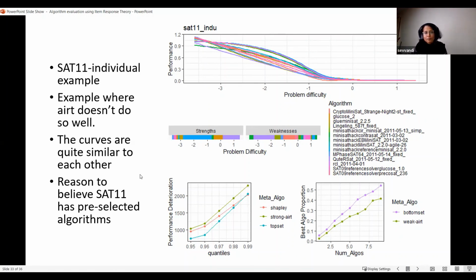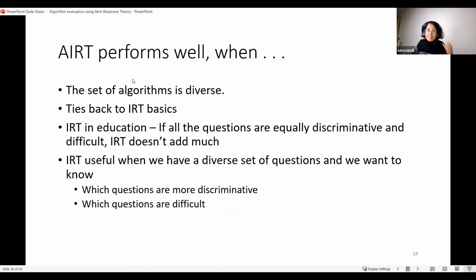So I think this is a case where, when you've already pre-selected, IRT can't add a lot. IRT generally performs well when you've got a diverse set of algorithms, because in a way it ties back to the basics. In education, if all the questions were really good and discriminative and difficult in similar ways, you don't really need IRT to select the more discriminative questions.